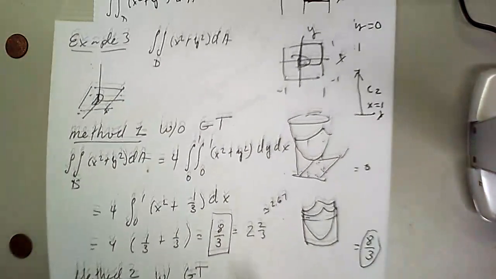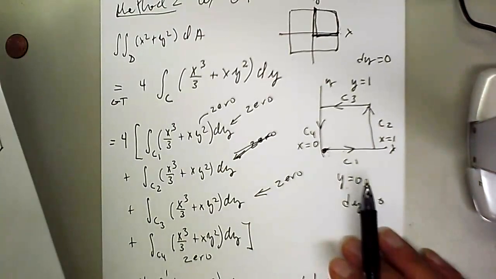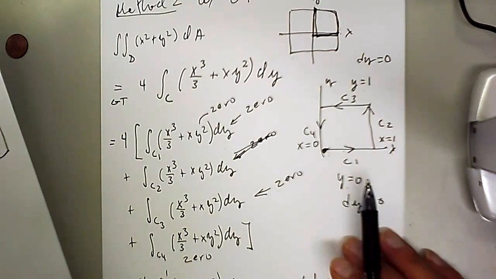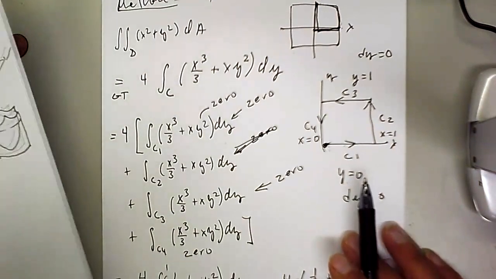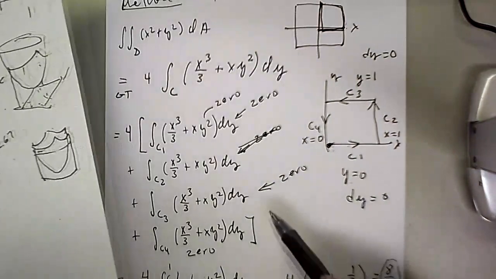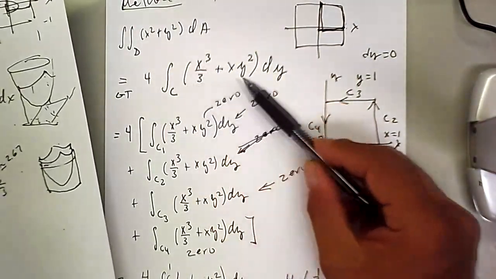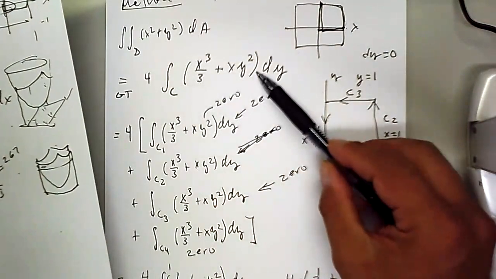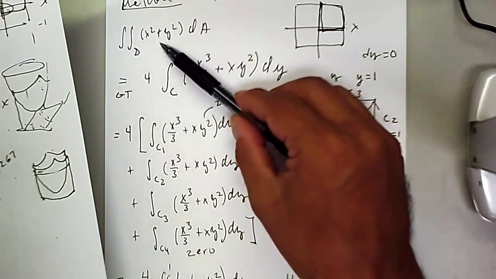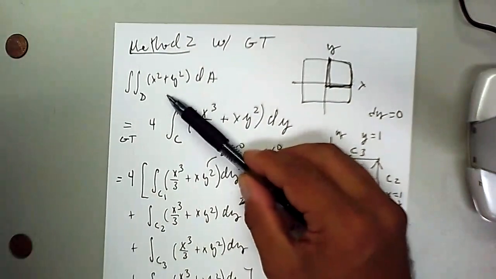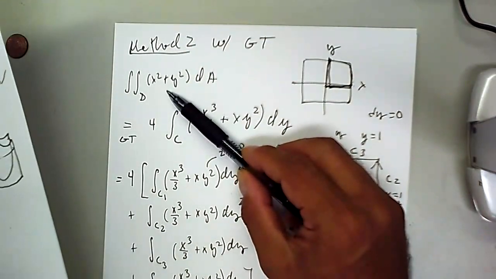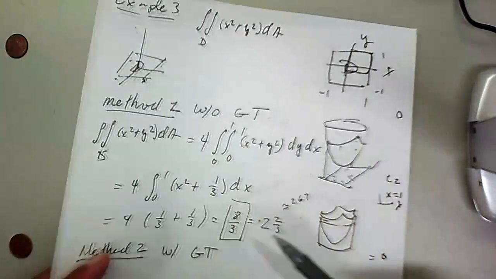So in this example, it is way easier to use Green's theorem the other way. So if you were given this kind of problem, it is way easier to go back to this double integral as it's shown here.